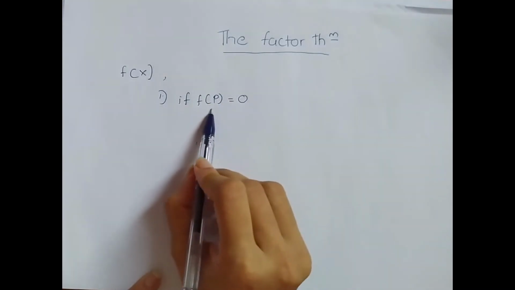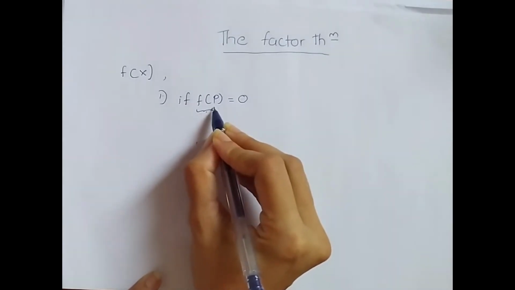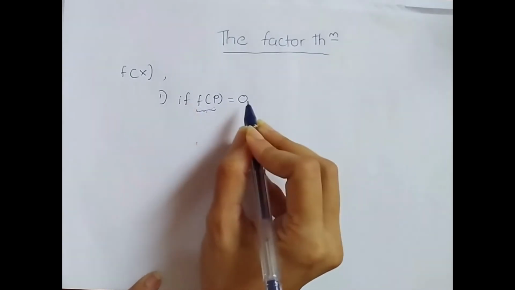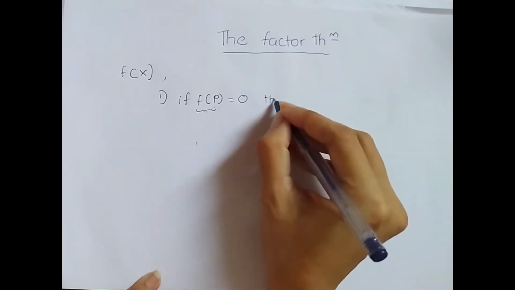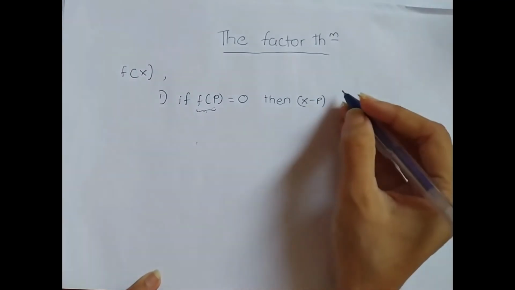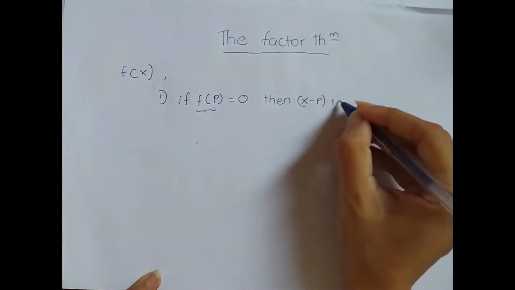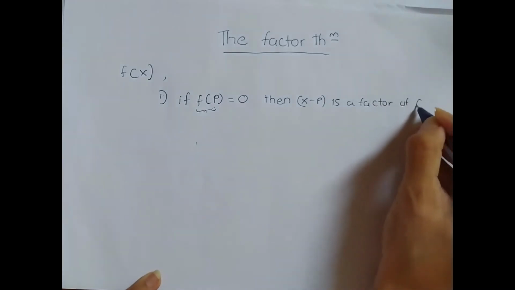What do you mean by this? This means when x equals p, if your y is equal to 0, then we say x minus p is a factor of f(x).